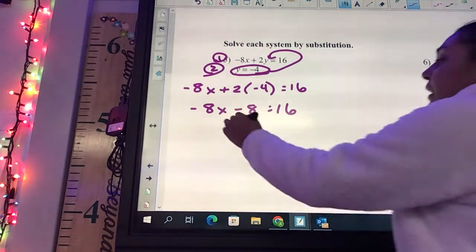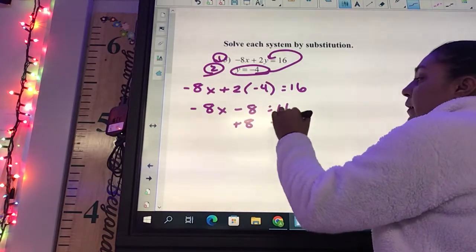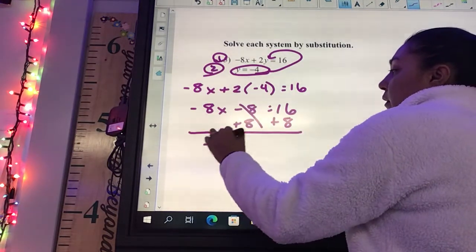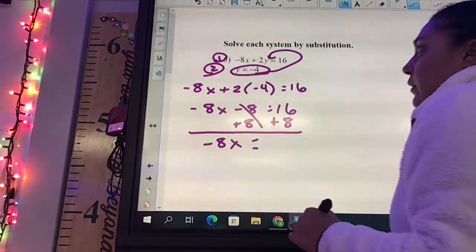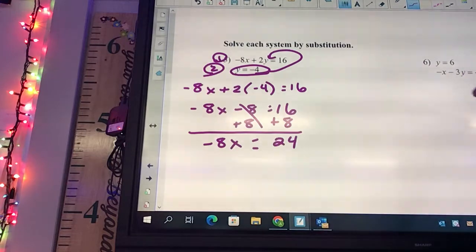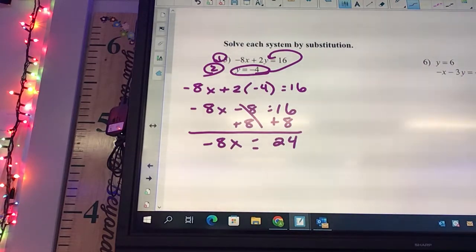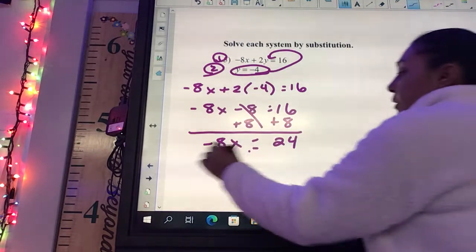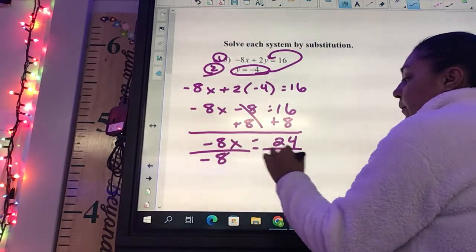Okay, and then we're gonna add 8. Okay, and then our last step is gonna be to divide by -8.